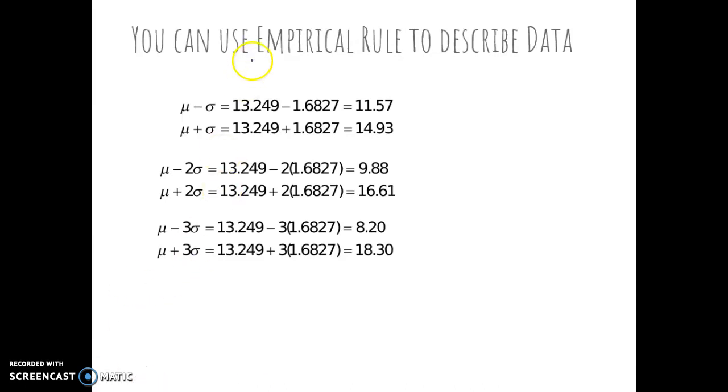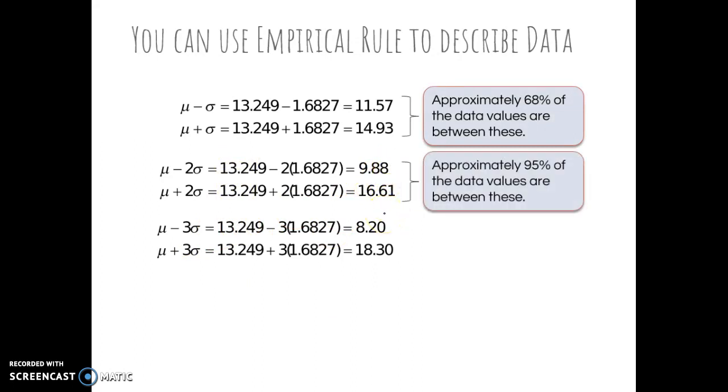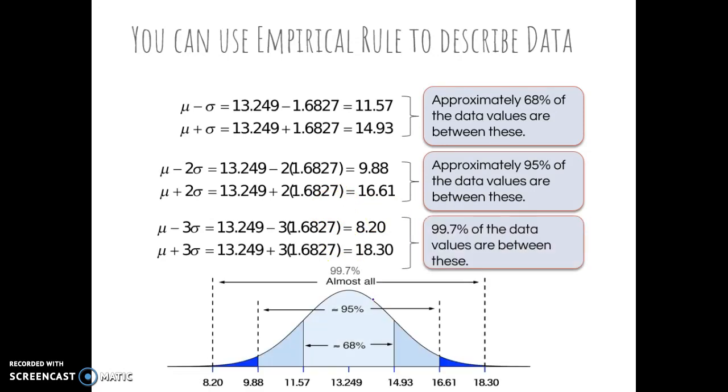You'll see 1 standard deviation is between 11.57 and 14.93, which is 68% of the data. 2 standard deviations, between 9.88 and 16.61, is 95%, and 3 standard deviations, 8.2 and 18.3. Now they did round. And there's their graph, which is much neater than mine.